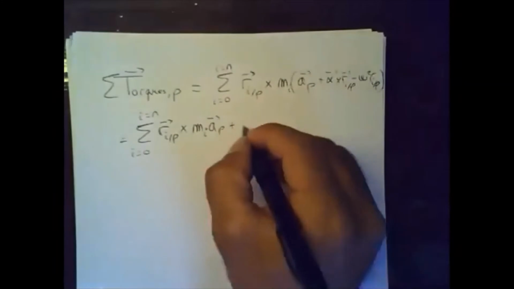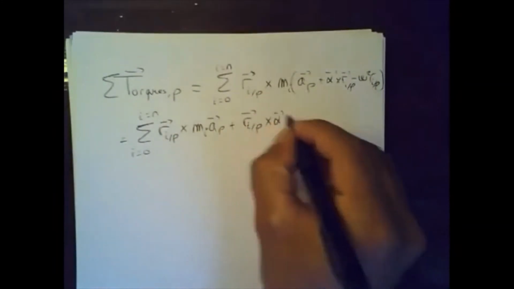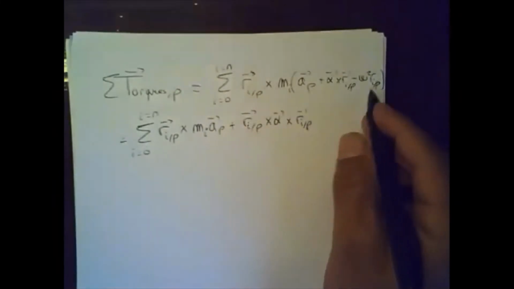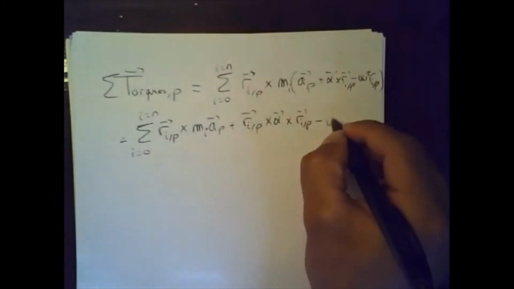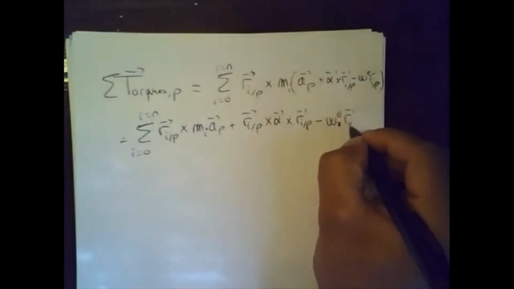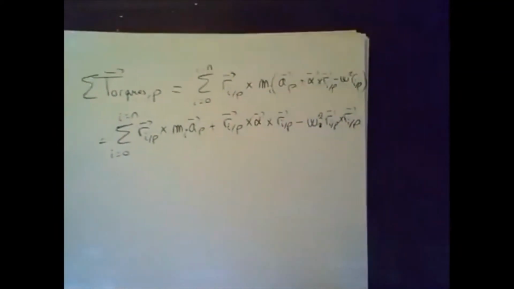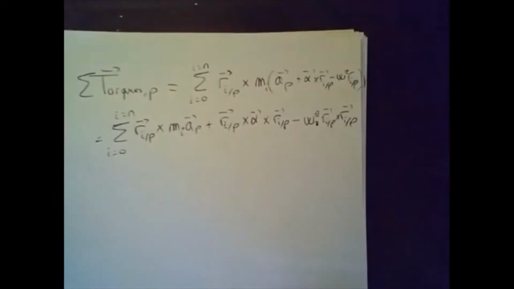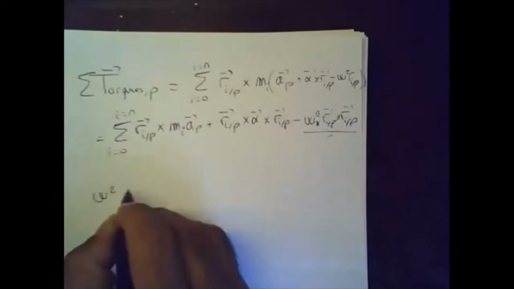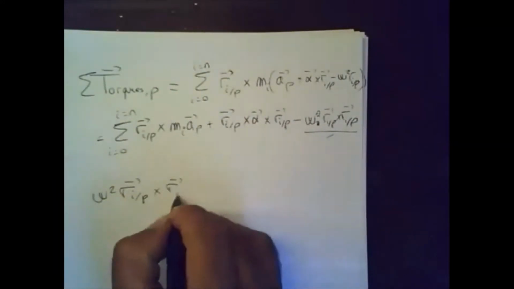Plus the second one is going to be R_i with respect to P cross alpha cross R_i with respect to P. And the third one is going to be minus omega squared R_i with respect to P cross R_i with respect to P, right?